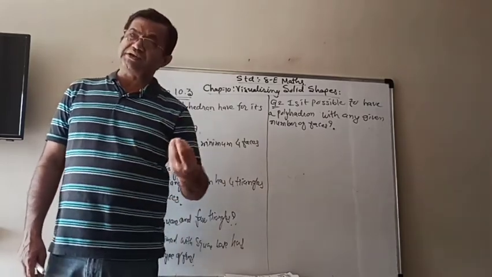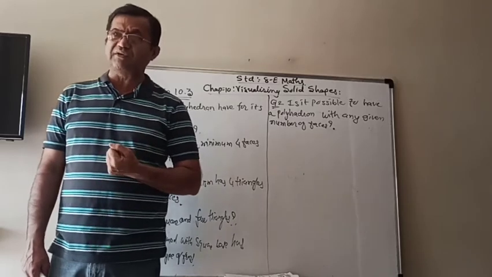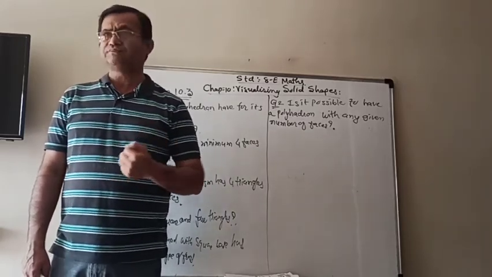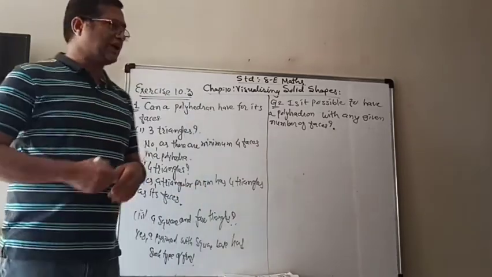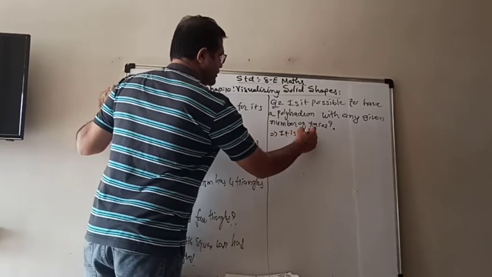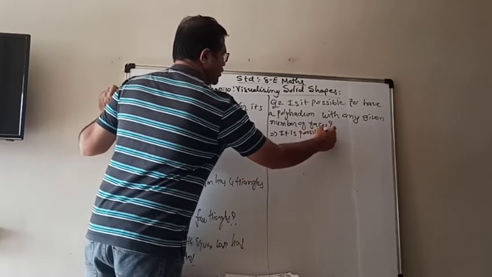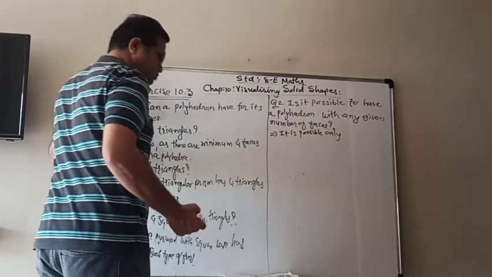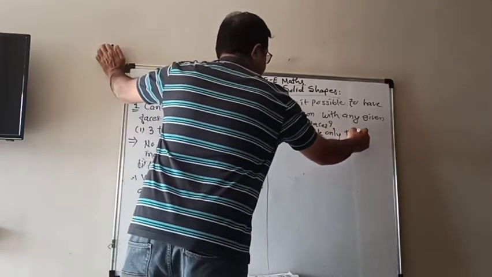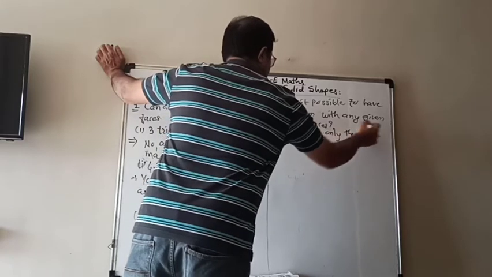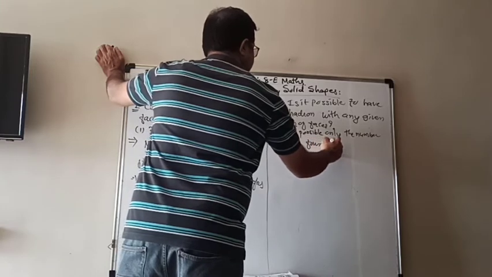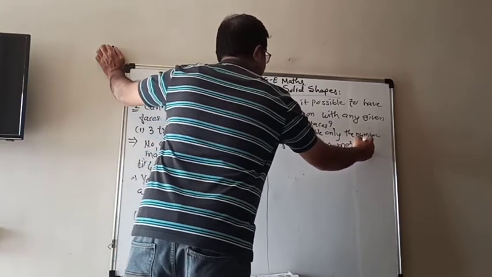Because if they ask, is a polyhedron of 3 faces available, 2 faces available, 1 face available? No. So we can write down, it is possible only if the number of faces is 4 or more than 4.